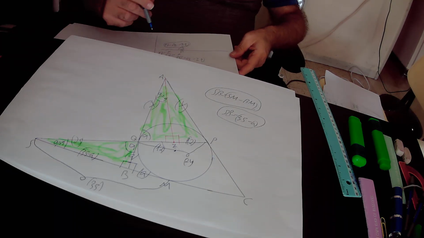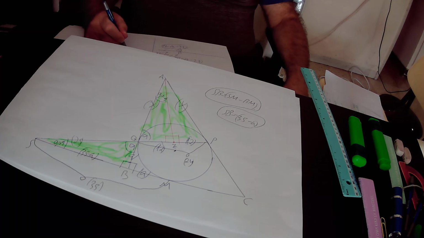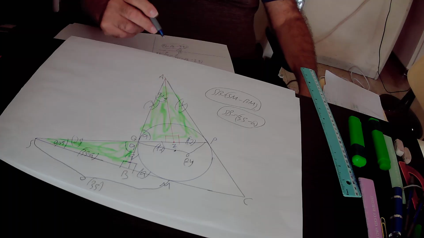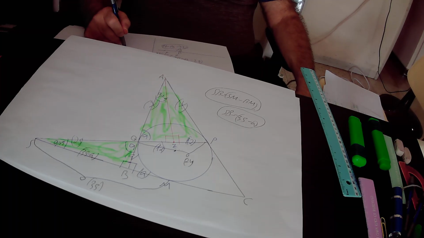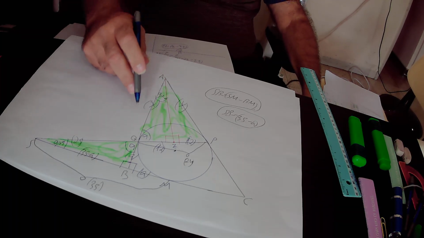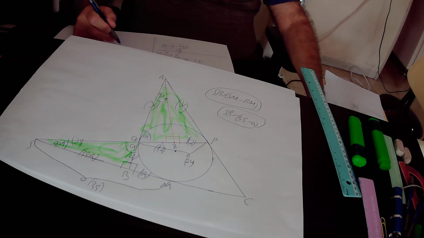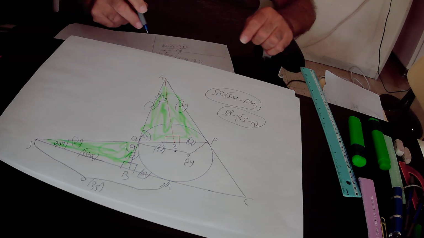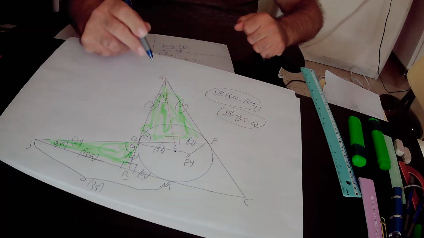SQ equals 25 over AQ, AQ equals X, and this equals QB, QB equals A, over QZ, QZ equals 12.